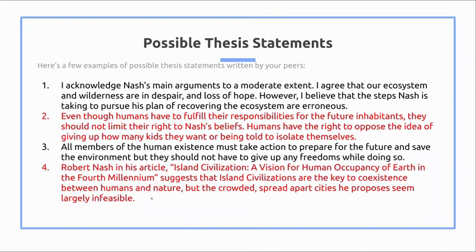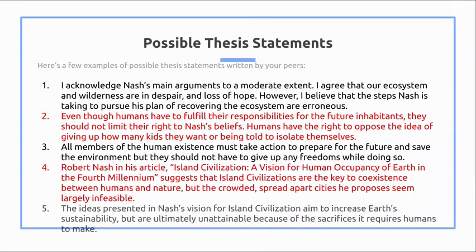Island civilizations are the key between humans and nature. I really like this thesis sentence, but I will say I hope that in your intro, you would have already introduced Robert Nash, who he was, and the title. So you shouldn't have to give those in a thesis, but I love the claim that's being made here. I love the academic language. It's just the right balance between general and specific, very strong there.